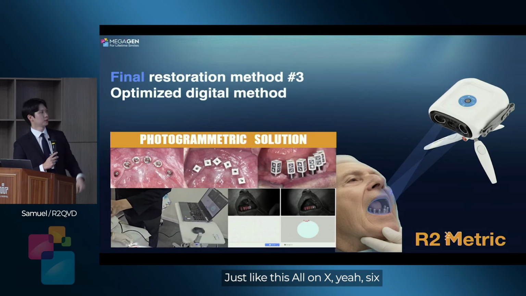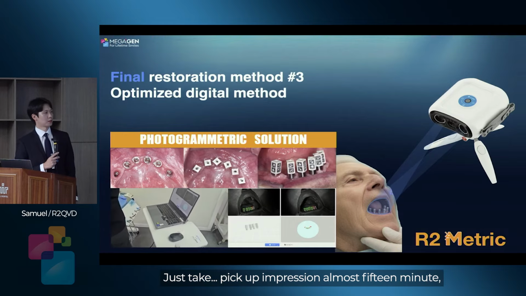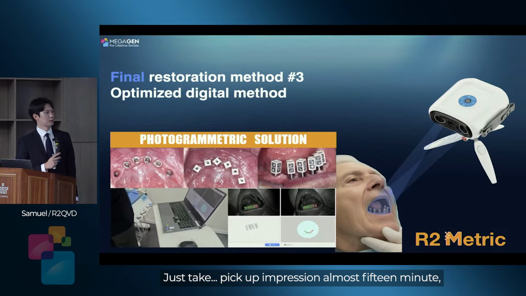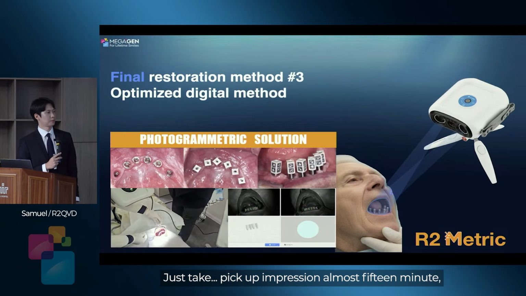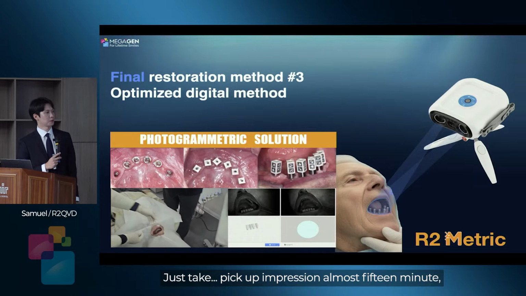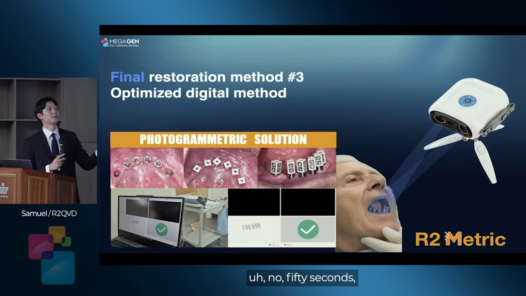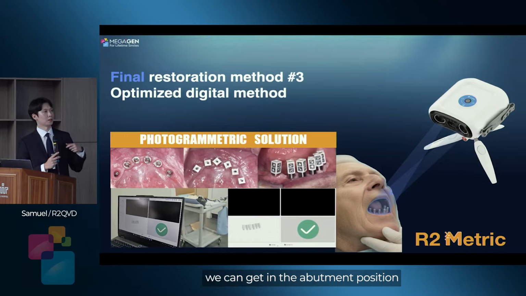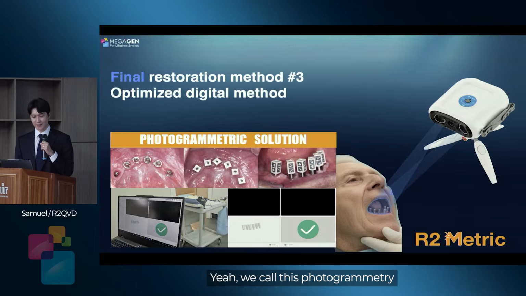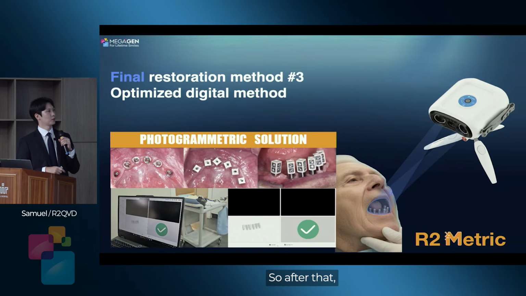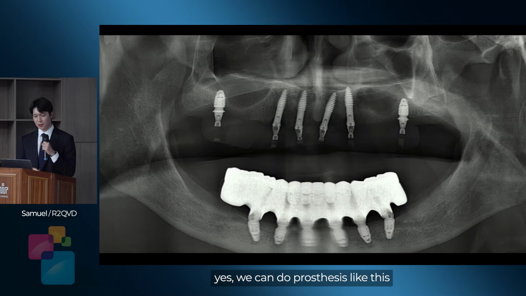Oron, 6. Just take a figure impression. In almost 50 seconds, we can get the abutment position. Yeah, we call this photogrammetry. So after that, yes, we can make the prosthesis like this.